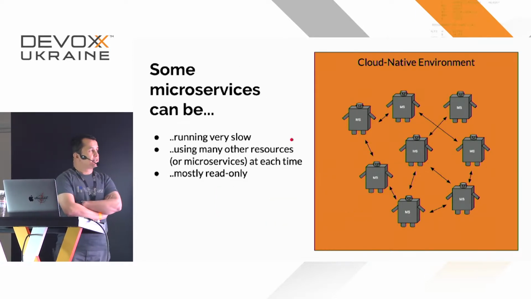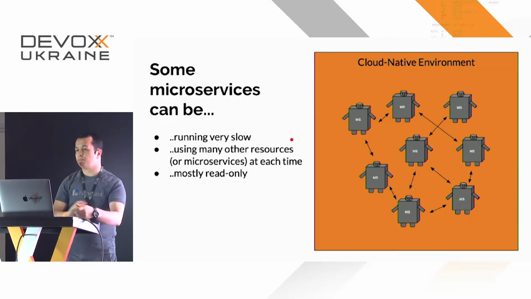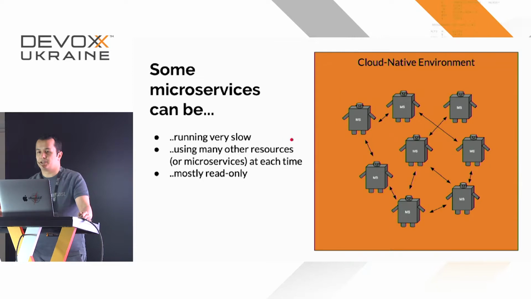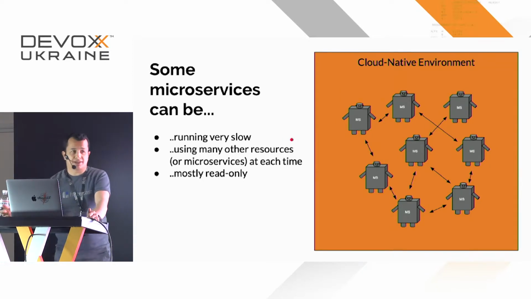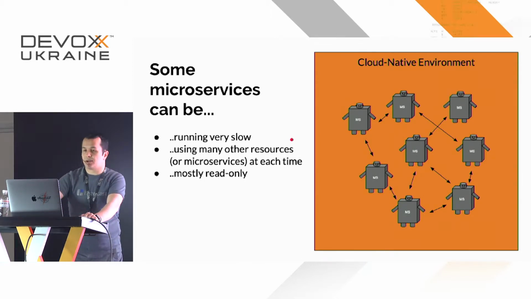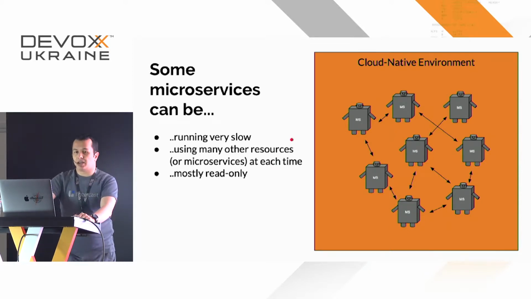And some microservices can run very slowly because there might be compute-intensive operations, or data processing inside, or anything else. There might be heavyweight applications that use many other resources, other microservices, or external services each time they are accessed.